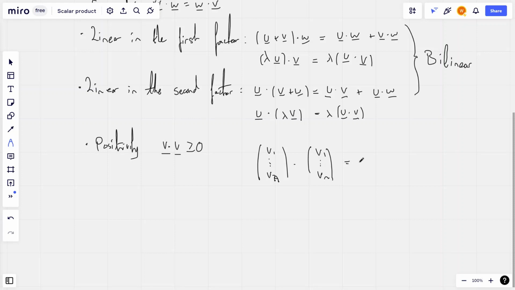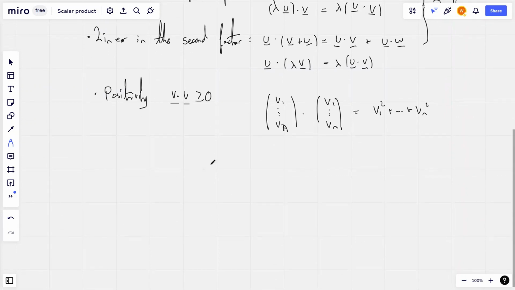This is going to be v1 squared plus ... vn squared, which means that all the terms are square numbers, which means that they're greater or equal to 0, which also gives us the equality case when we have v as a 0 vector.